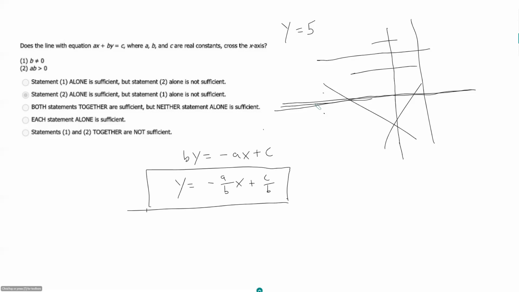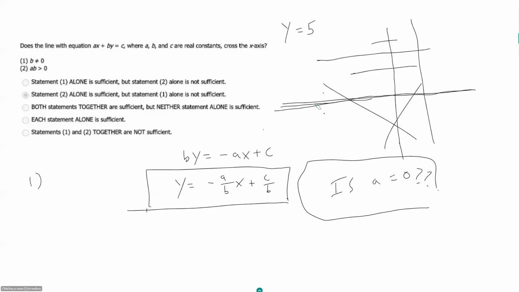And anytime a is not equal to 0, it will be some other type of line. So we can really rewrite our question as, is a equal to 0? And statement 1 says b is not equal to 0. Well, that's not good enough because we need to know if a is equal to 0.